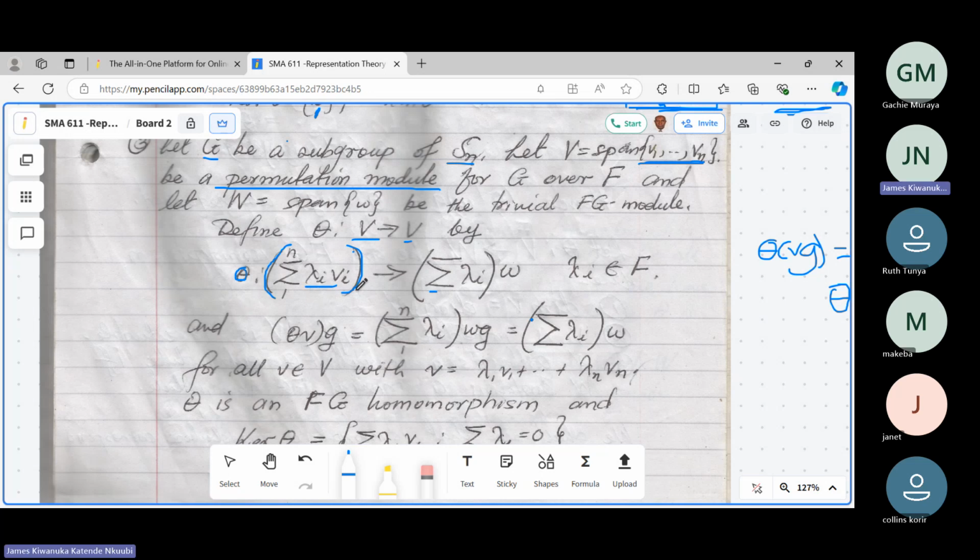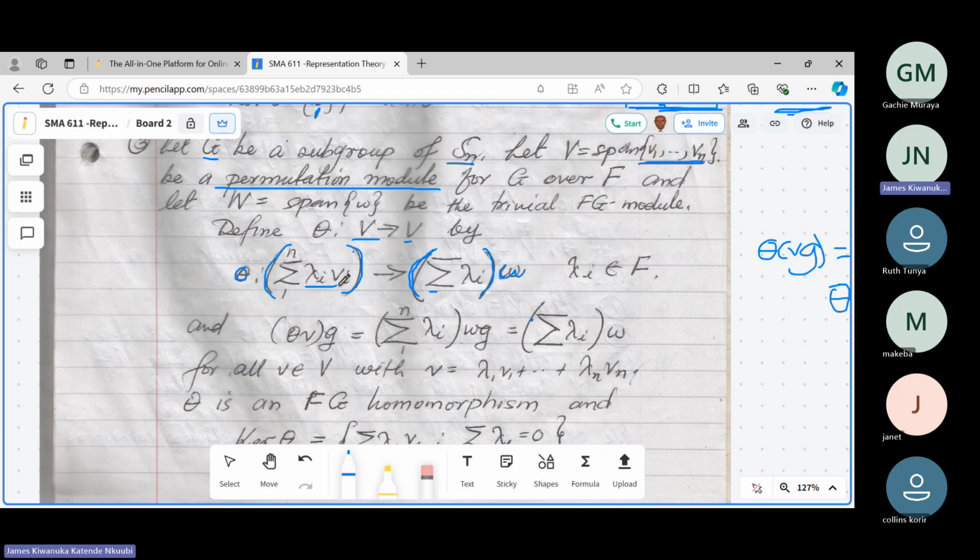So this vector is sent to the following. W is fixed, right? All you do is get the sum of all these values, lambda i's. Now this becomes one number, and then you multiply that by W.